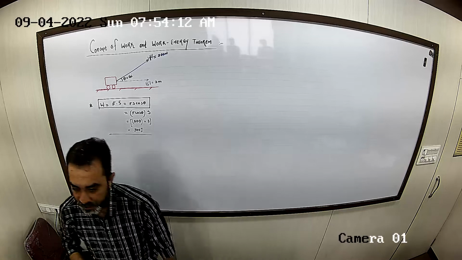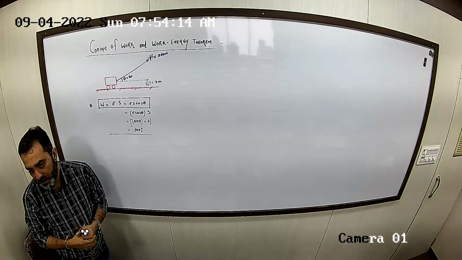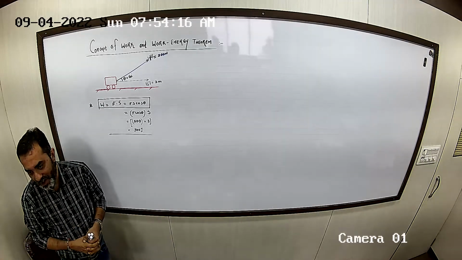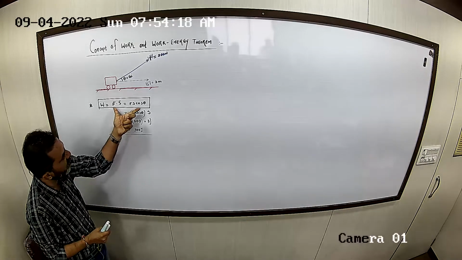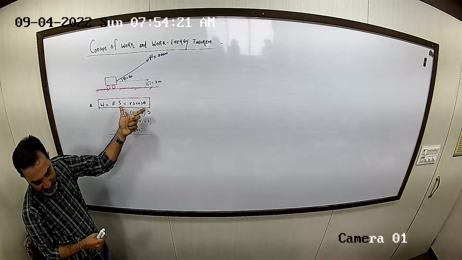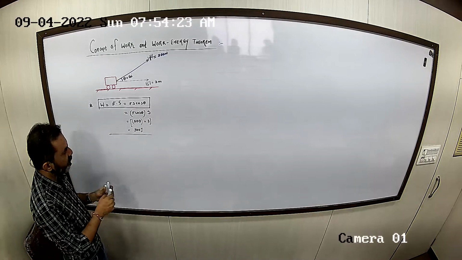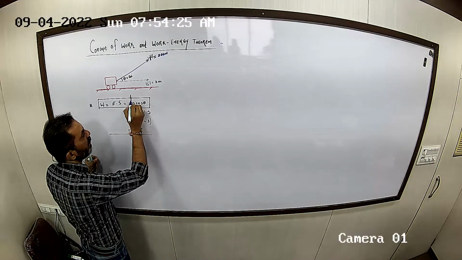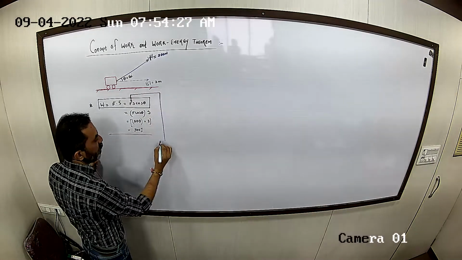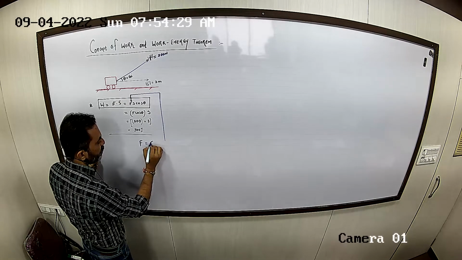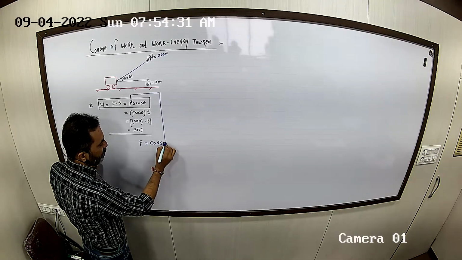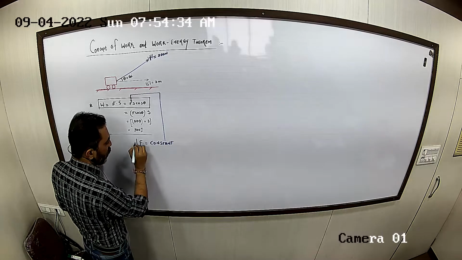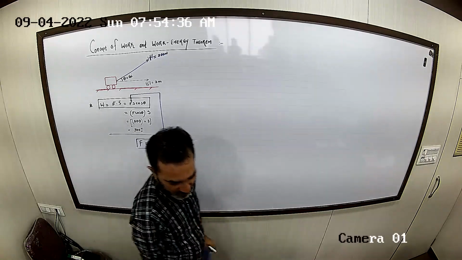Second point, the most important point, which you have never studied till today, what? You can use this formula Fs cos theta only provided this force is what? Constant throughout the displacement.